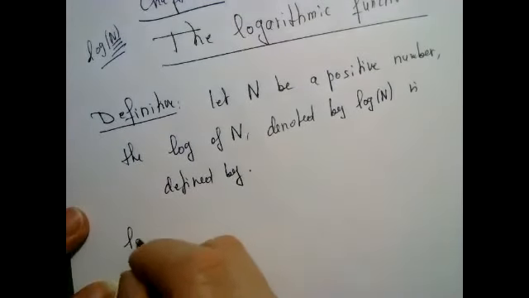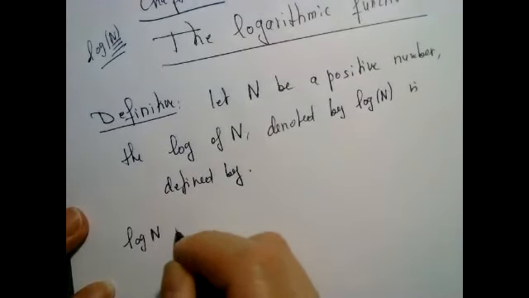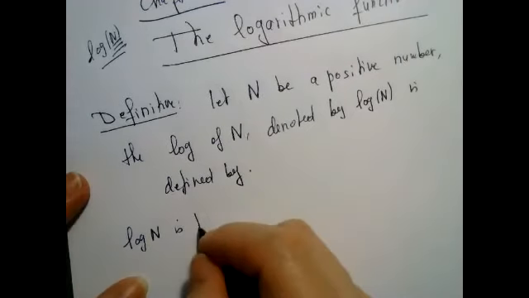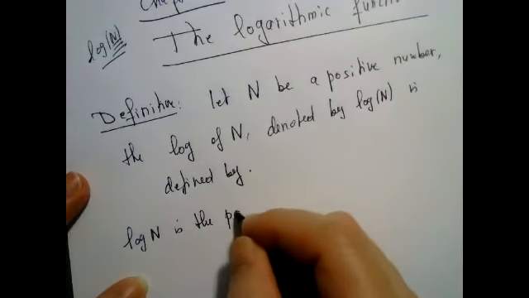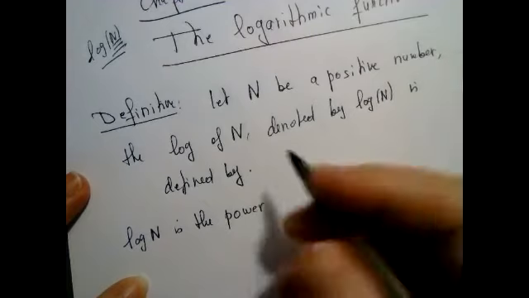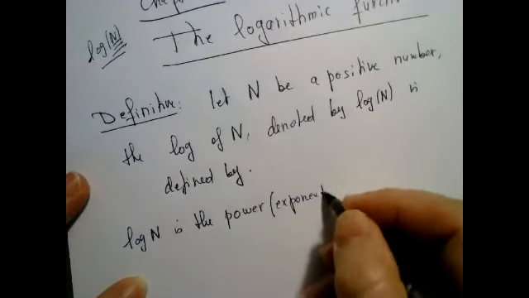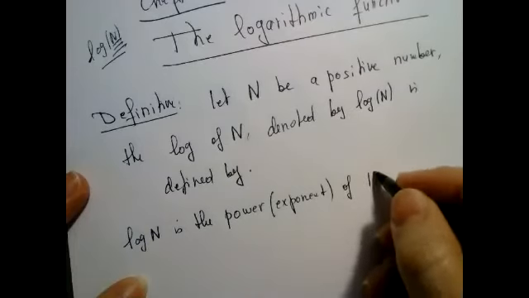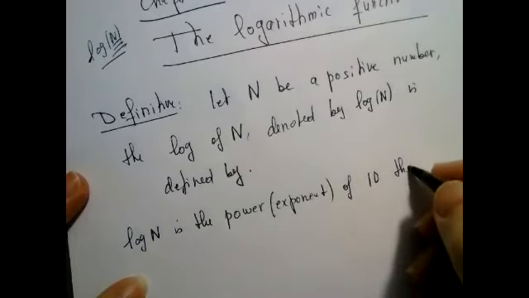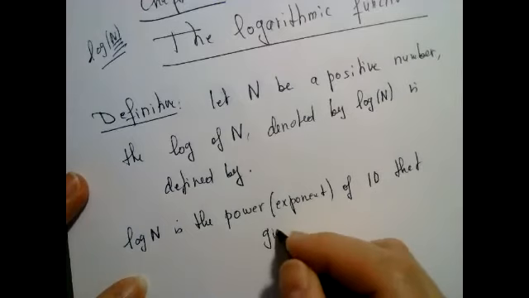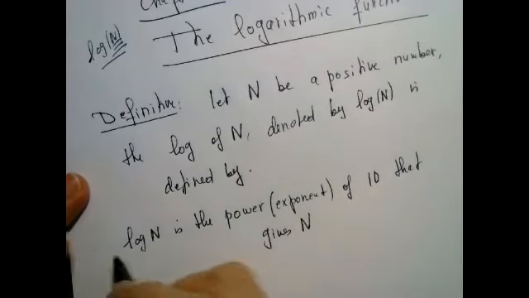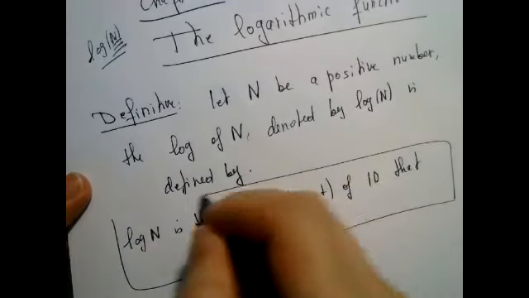Log n is defined to be the power, it means the exponent, the power or exponent of 10, which is weird, that gives n back. The log n is the exponent of 10, or the power of 10, that gives n.